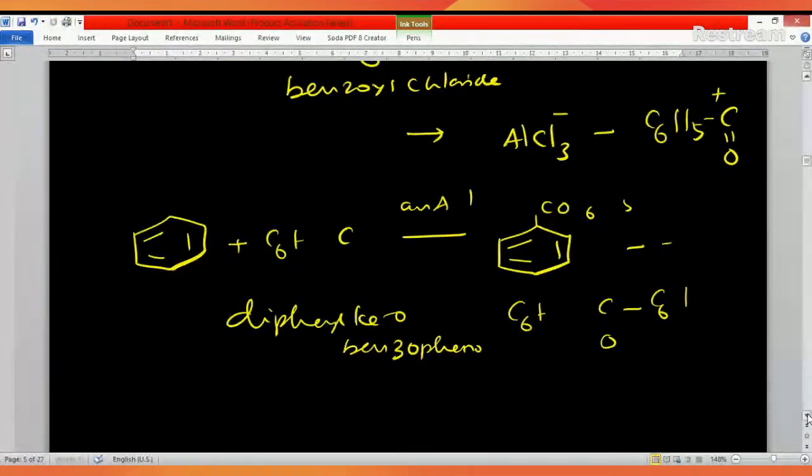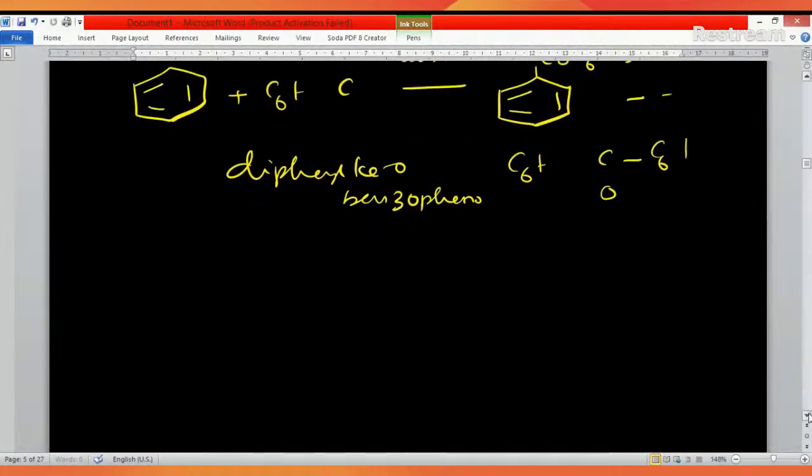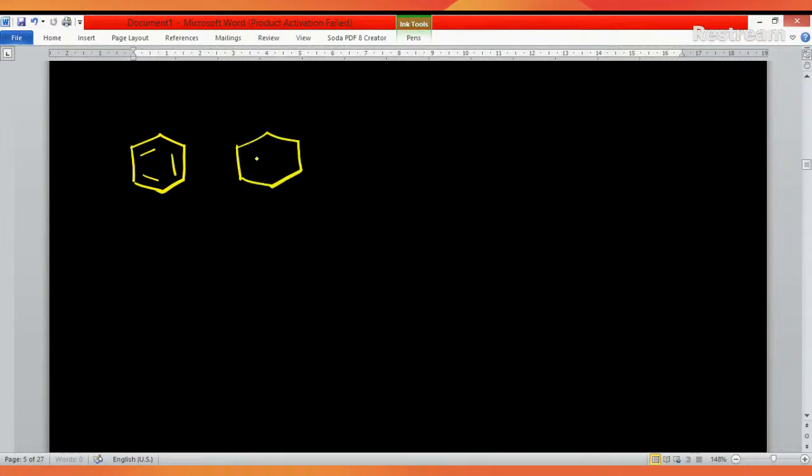And in the forthcoming levels, we can have so many derivatives of benzene. The benzene derivatives can also undergo this reaction. An example of a benzene derivative: you just take a benzene, and to that benzene we can introduce a functional group like OH. So it becomes hydroxybenzene. It is called phenol.